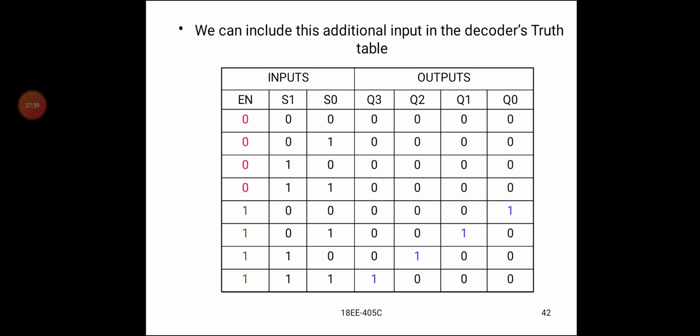Whenever enable is 1, if S1 is 1 and S0 is 0, then Q2 is true and the remaining are false. When S0 is 1 and S1 is 1 with enable bit 1, then Q3 will be active and the remaining are all false.